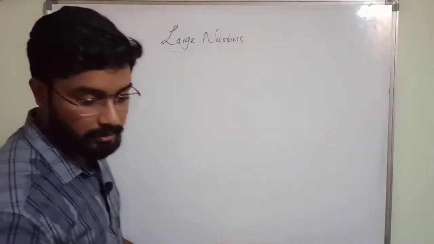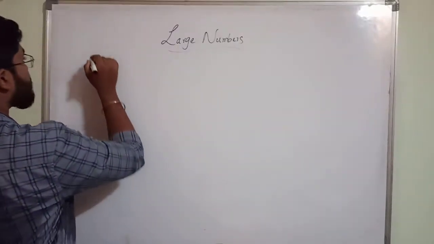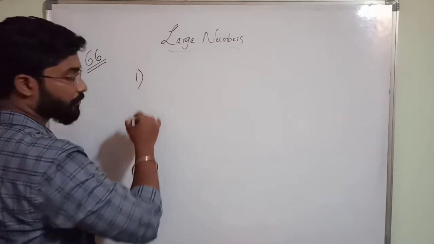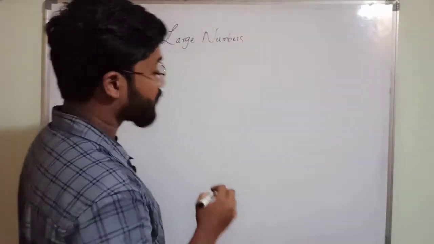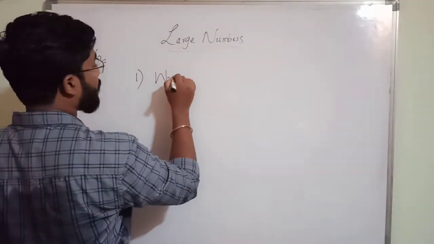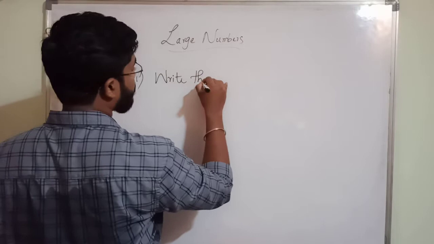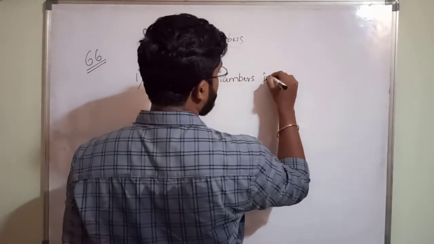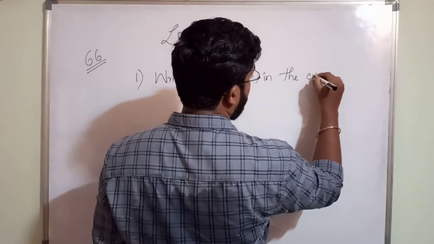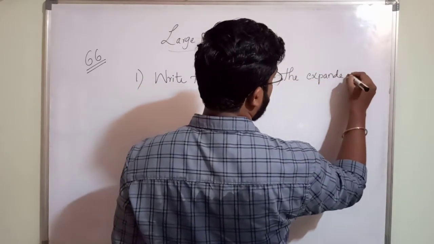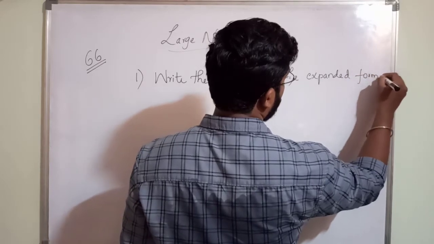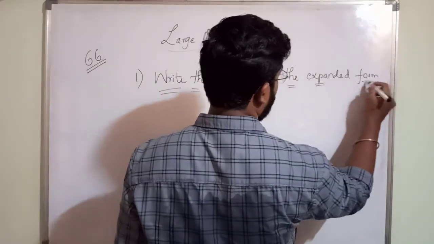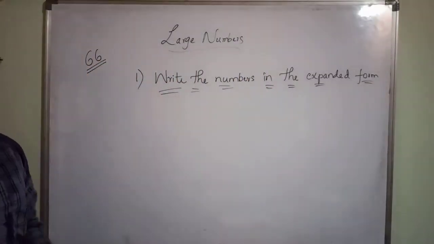The first bit, on your page number 66: write the numbers in the expanded form.